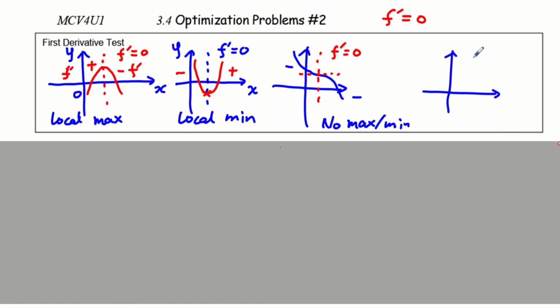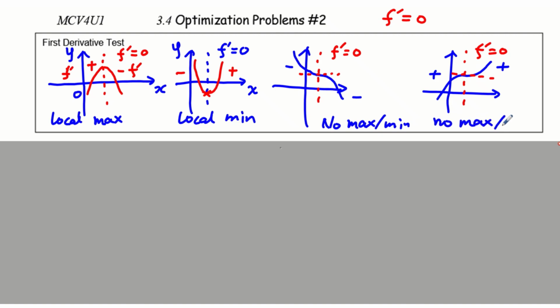We continue to see at this point f prime equals 0, and on the left side the graph is increasing and on the right side it is increasing, so both f prime are positive, and at this point f prime is 0, but you don't have any maximum or minimum.